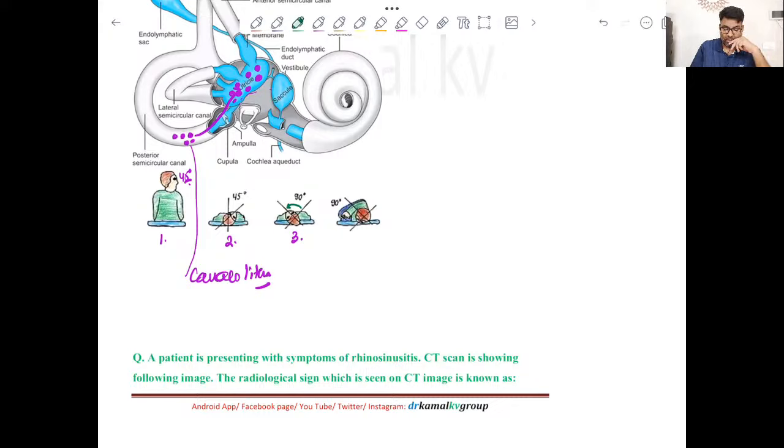And then in step 4, he will take a lateral decubitus position on the same side as in step 3, and in the 5th step he will get up. Clear? So this is Epley's maneuver.